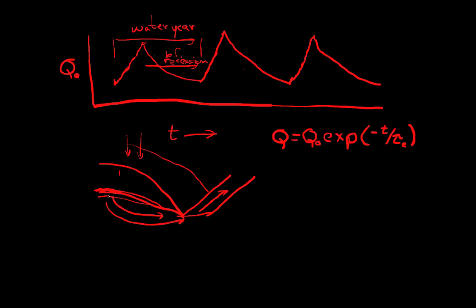More water, more base flow, less water in the aquifer, less base flow, comes out mathematically as an equation of this kind of form. Okay, so this exponential decay here is the base flow recession.